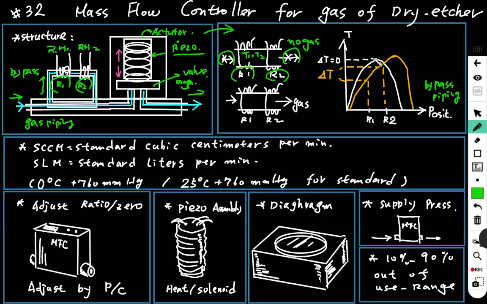Temperature 1 equals temperature 2, so the temperature difference in this situation will be 0, just like the white curve.